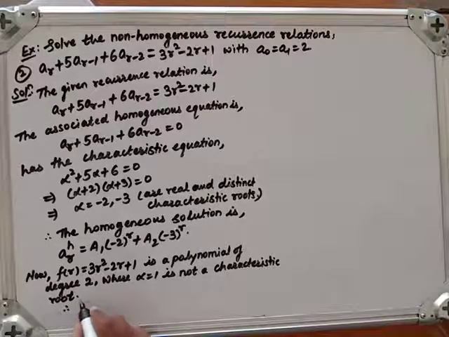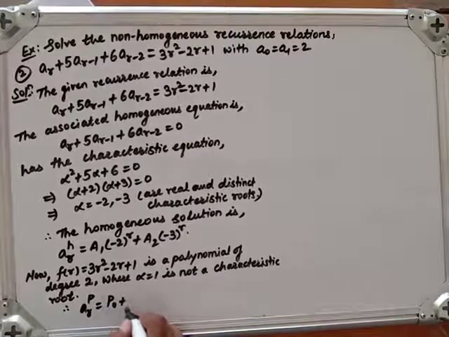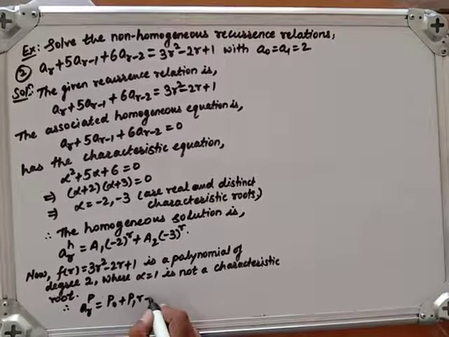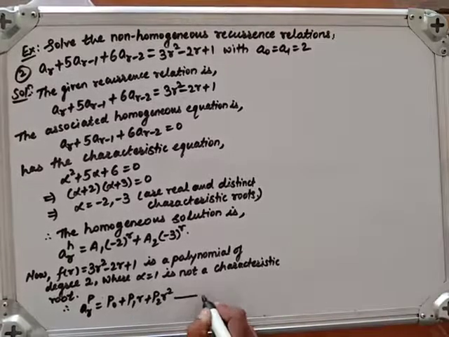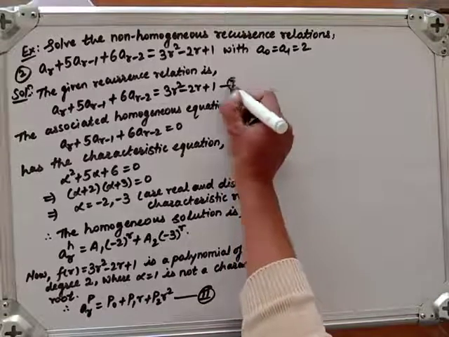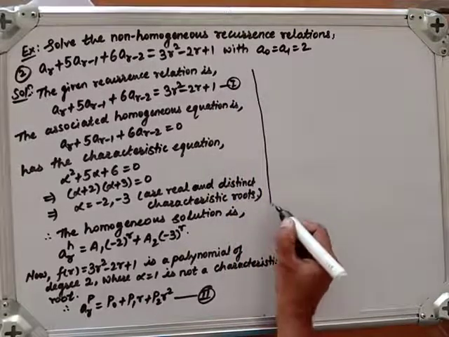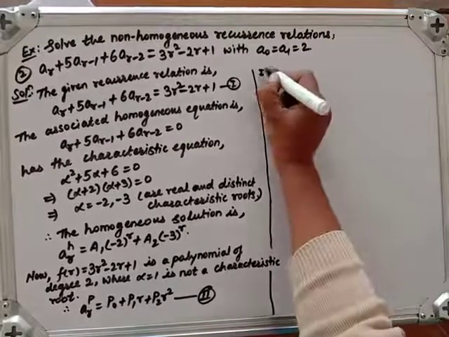Therefore, using the general form of particular solution, we get ARP will be P0 plus P1R plus P2R square. Let it be equation 2. This will be equation 1, suppose. Now we have to use this 2 in 1.